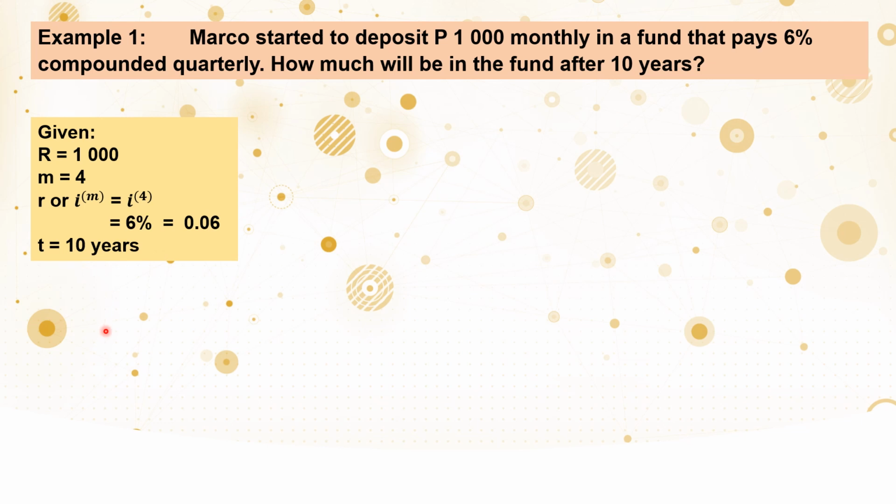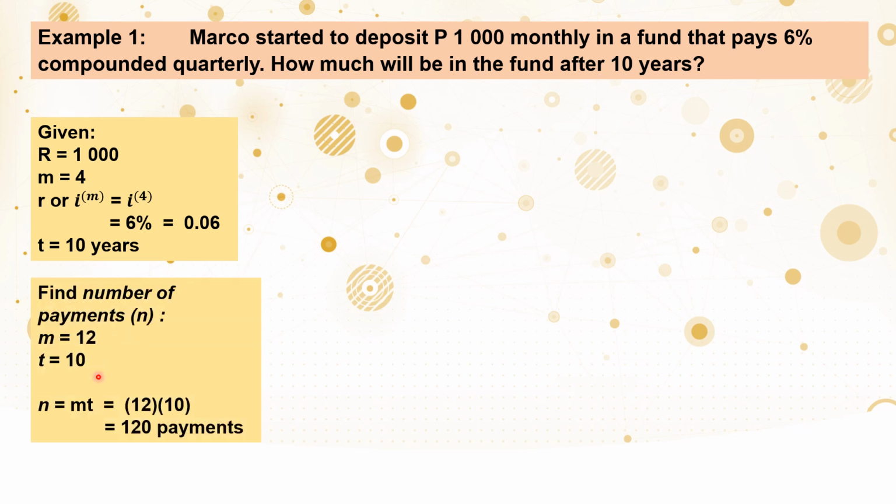So, formula natin merong N. We need to find first the value of N or the number of payments. Ilang beses magbabayad si Marco ng 1,000 pesos for 10 years. Since it is monthly payment, our M is 12 and the time is 10 years.